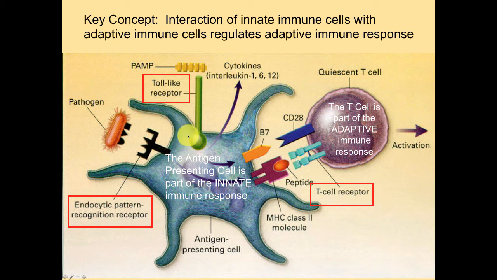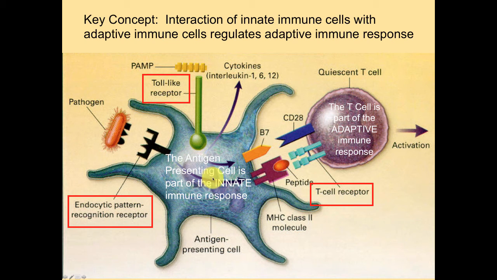And so this is a kind of a cartoon of this key interaction between this professional antigen-presenting cell, a dendritic cell, with the T cell. And so remember, as I said, that in order for this T cell to become activated, its T cell receptor has to engage with MHC peptide complexes presented by the antigen-presenting cell.